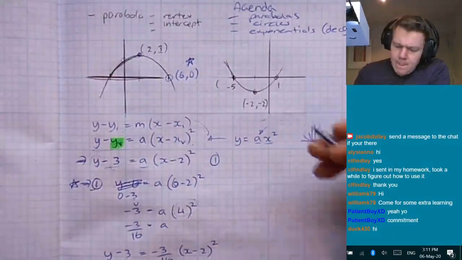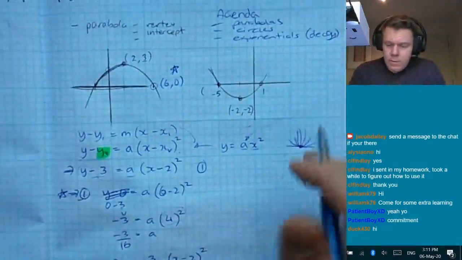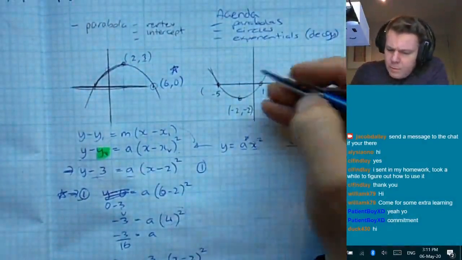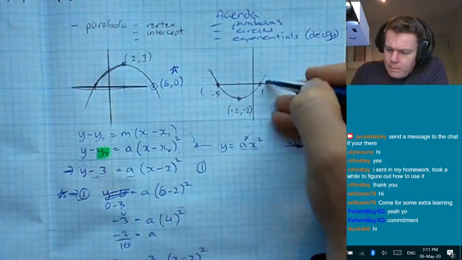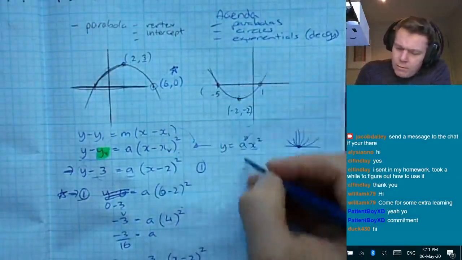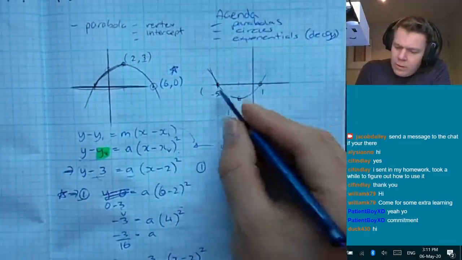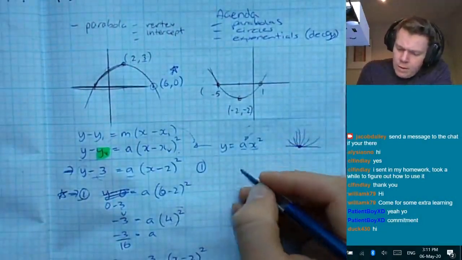Alright, let's do one more. This time we'll start with the intercept formula. So that's where you have the opposite of these points in brackets.